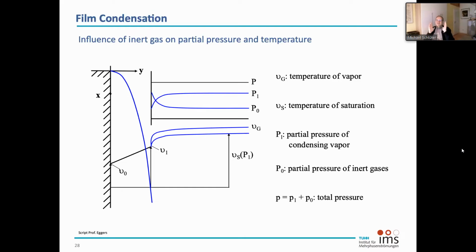You still have the same temperature difference, everything is the same, but the condensation breaks down. There's no condensation anymore in your process. And this, of course, is very surprising: if nothing has changed, but suddenly you have a breakdown in your condensation process.